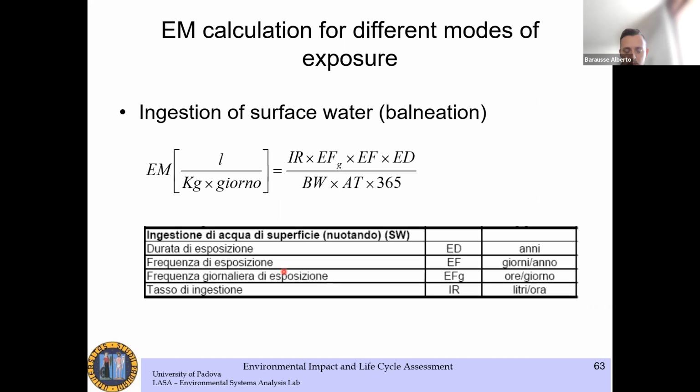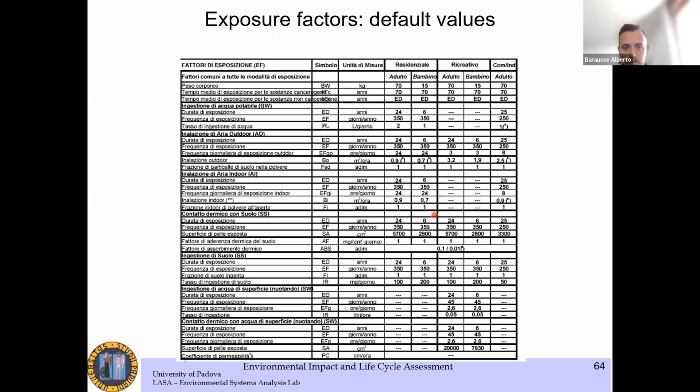I'm going quickly because I'm late, sorry. For example, in the case of surface water which is polluted and people are taking baths in that water, one parameter may be the frequency, the number of days per year that people swim in that water. Okay, one parameter that may come into play in that EM characterization.